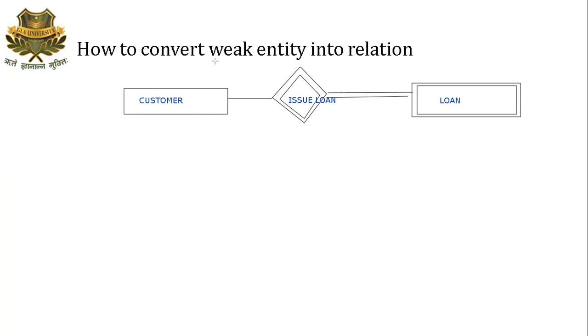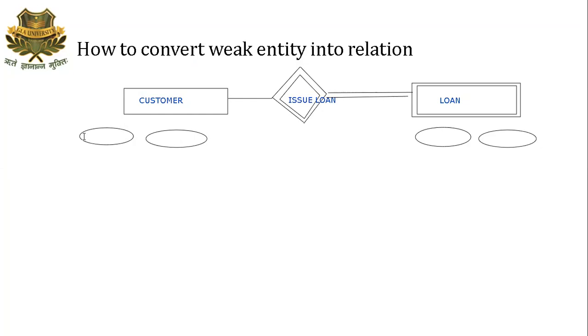And the attributes associated with the customer are the customer ID, and this customer ID is the key attribute, the primary key attribute of the customer. And for the loan, I have taken two attributes, loan name and loan date, right?